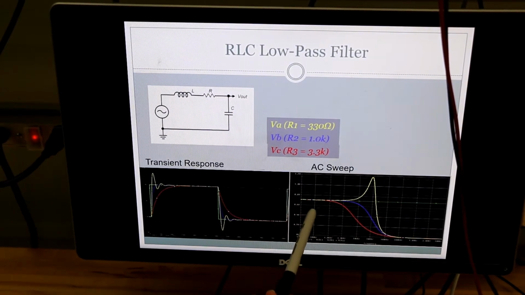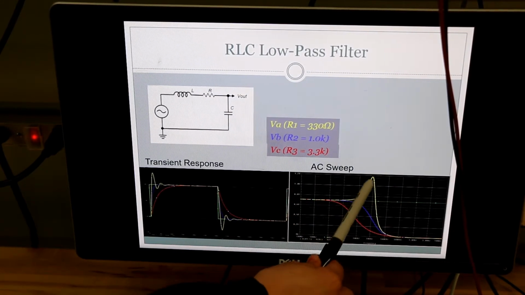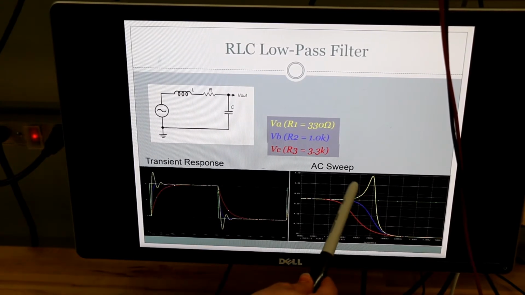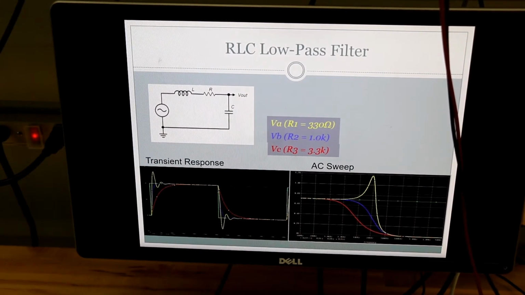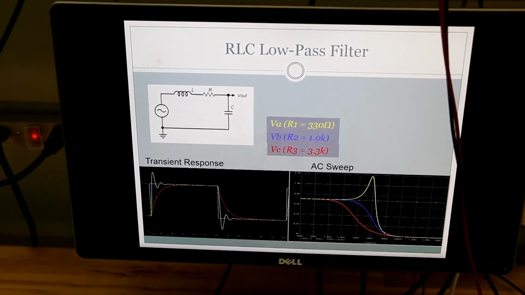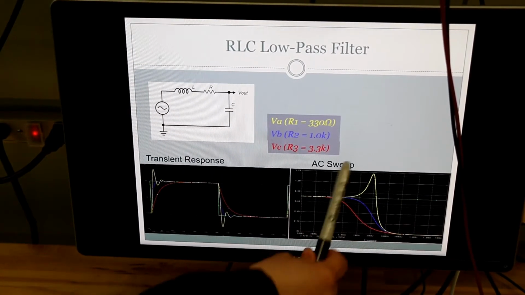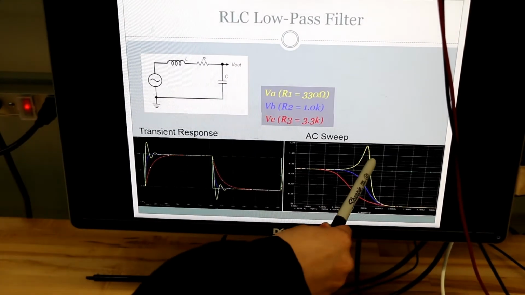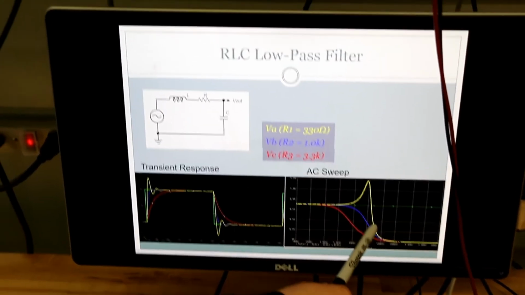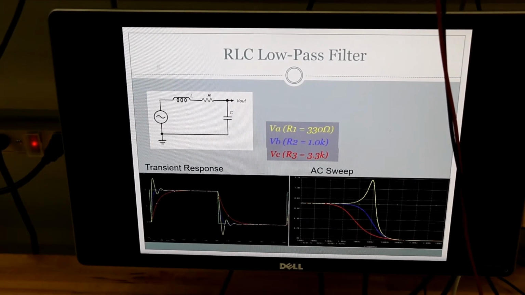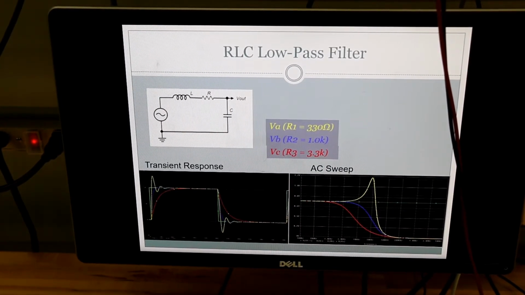Once you increase the frequency, peak to peak 2 starts to increase, and it reaches the maximum around the resonant frequency, 30.6 kilohertz. Above the resonant frequency, peak to peak 2 starts to decay to 0. This is for the first circuit, the underdamped circuit.